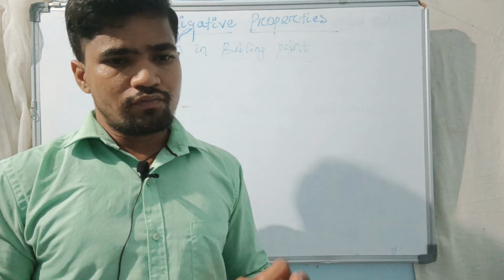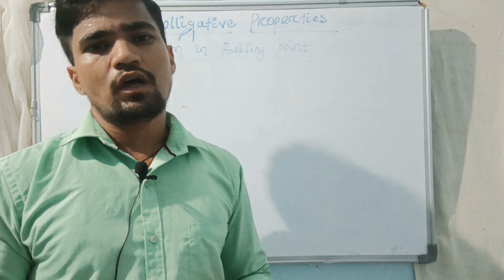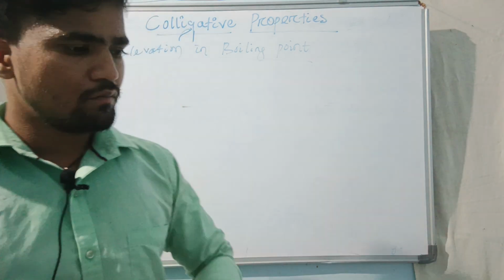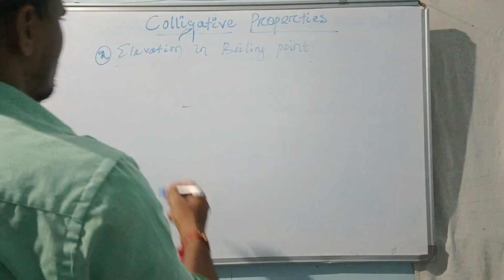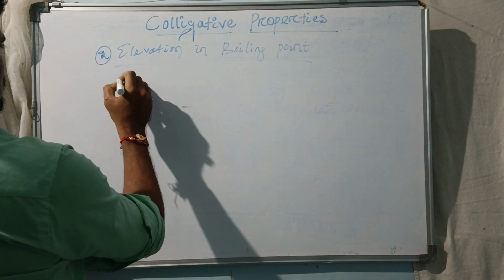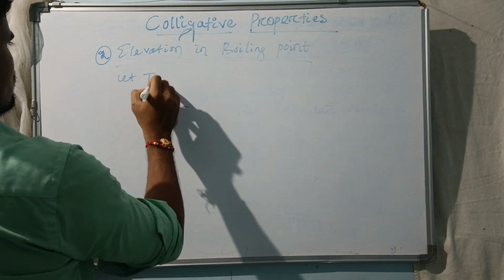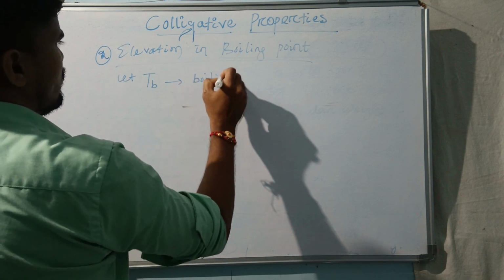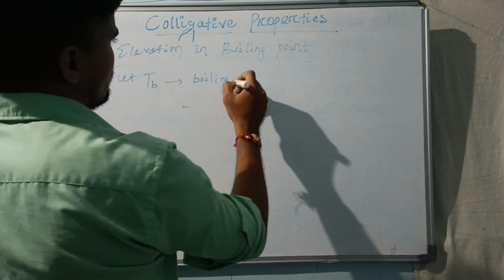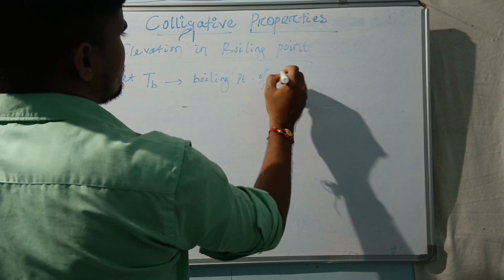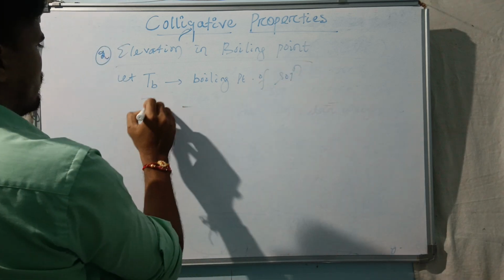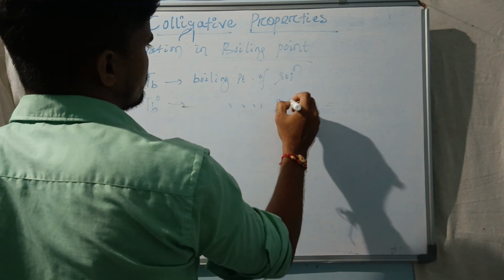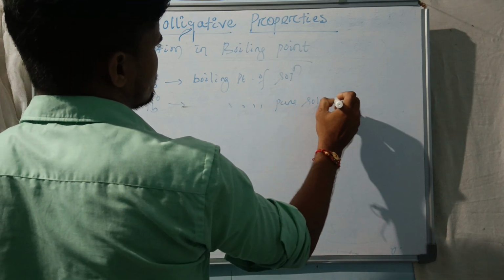Then the difference in boiling points of the solution and the pure solvent is called what? Elevation in boiling point. Okay. Suppose TB is the boiling point of the solution, and TB node is the boiling point of the pure solvent.